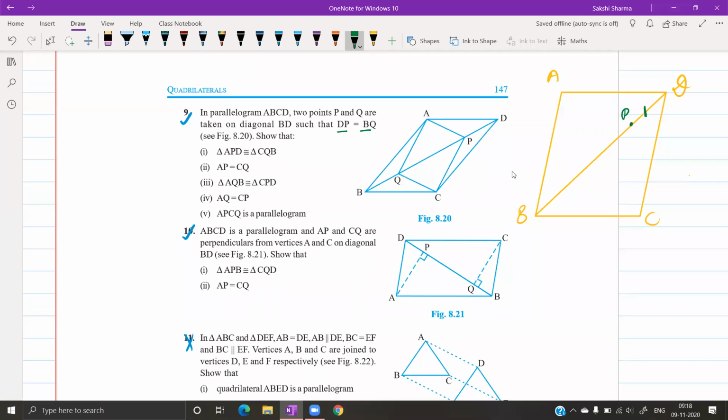The segment DP is equal to the segment BQ. The length of DP and BQ is the same. Further, these points have been joined to the remaining 2 vertices, and you obtain the figure given to you in the question.